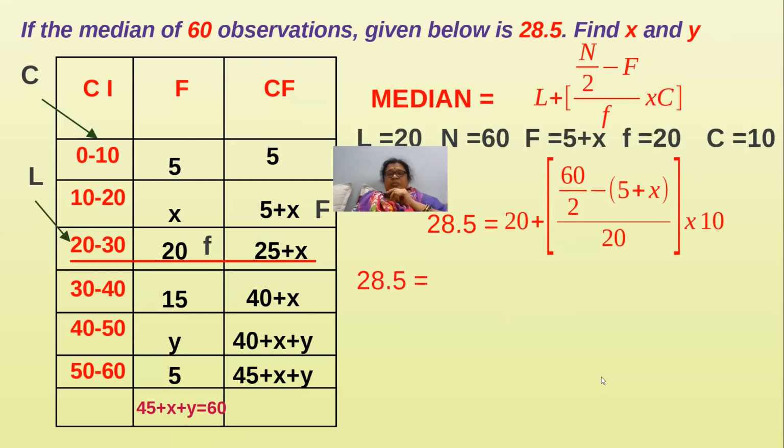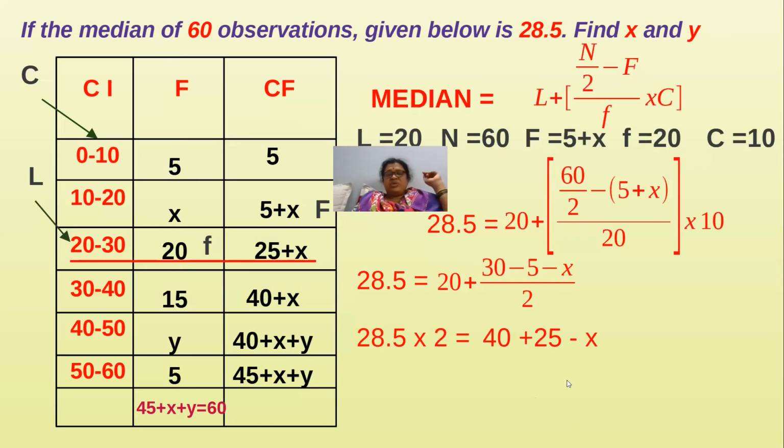Now this is equal to, 60 by 2 is 30, 10 ones are 10, 10 twos are 20. So first what we'll do, we'll take an LCM, and then we'll cross multiply. When we do the LCM and cross multiply, this 2 will multiply with this 20, you'll get 40, plus when you subtract 5 from 30, you'll get 25.